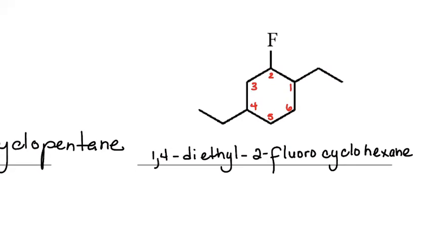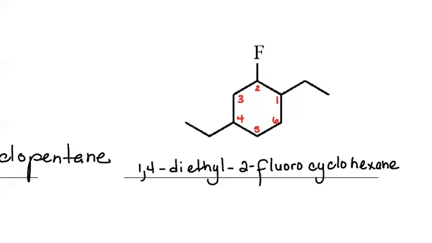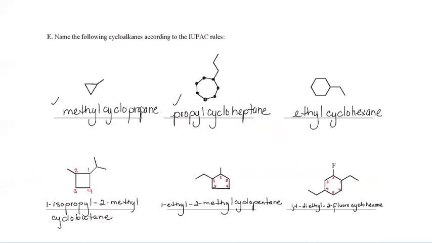If you already started seeing Lab 9, there are examples in Lab 9 of how these naming questions are actually formatted for exams. Any questions on naming cyclic alkanes?